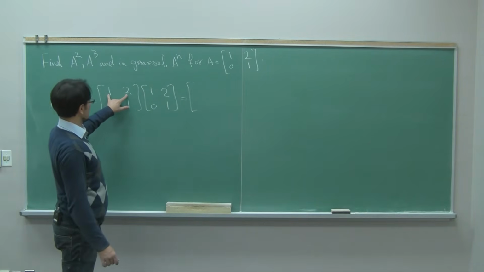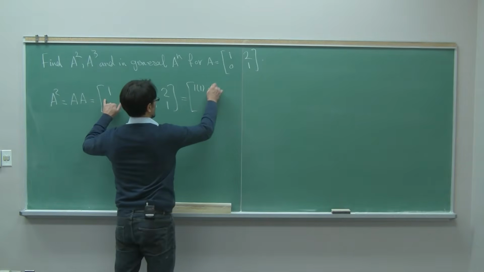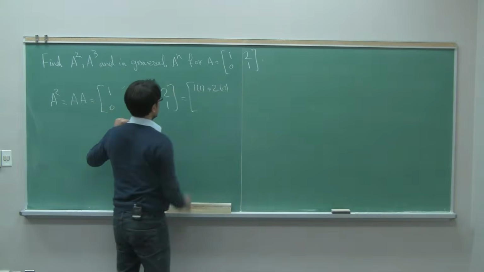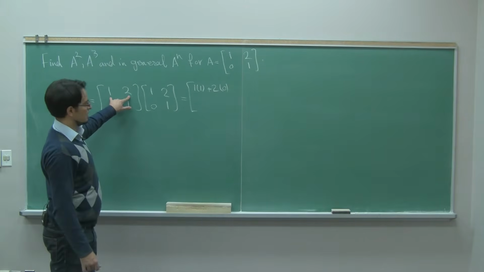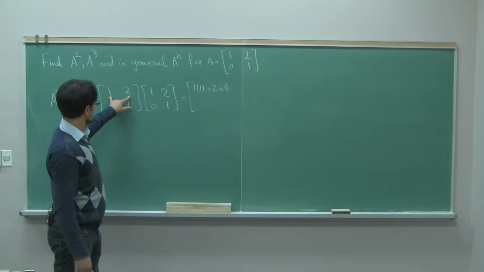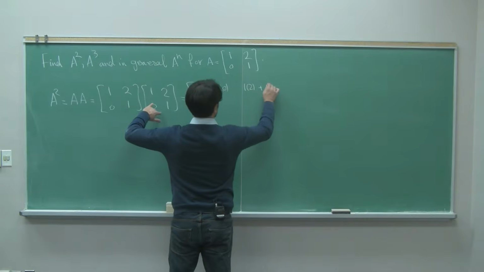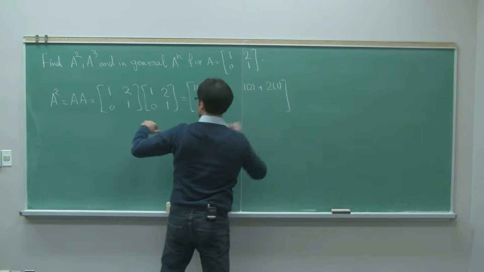The first entry is this multiplied by that, so 1 times 1 plus 2 times 0. The entry of the first row, second column is this times that, so 1 times 2 plus 2 times 1.